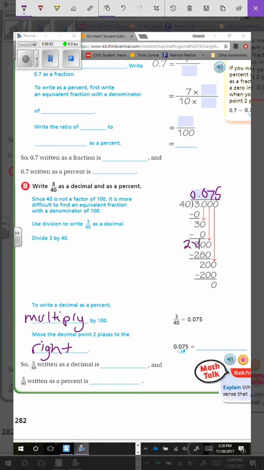So 0.075 turns into 7.5%. So 3/40 written as a decimal is 0.075, and 3/40 written as a percent is 7.5%.